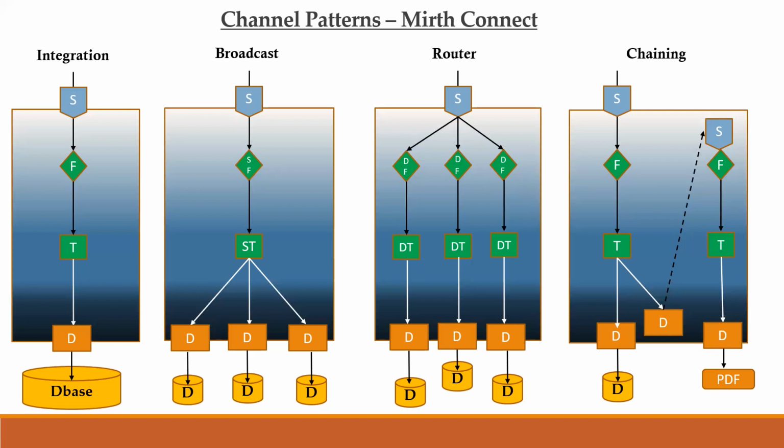Okay, with those logics in place, when you receive the message, even if the message duplicates through all the three destinations, they will get filtered at the filter level itself and they won't process further.